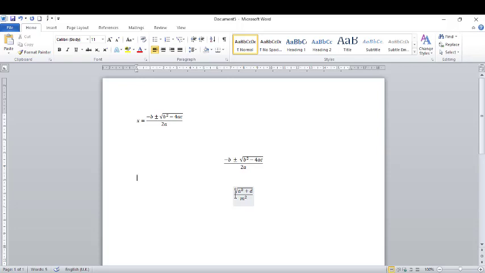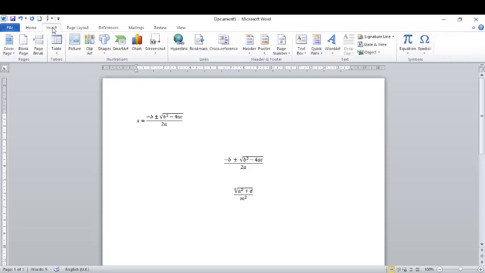I have fraction carrying radical, carrying script, and numerator as the radical. Inside the numerator, you have the script, and denominator, which is also a script.